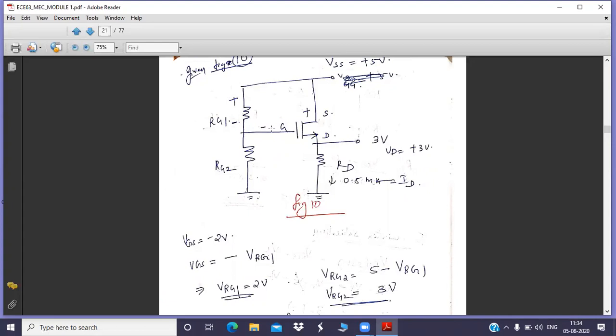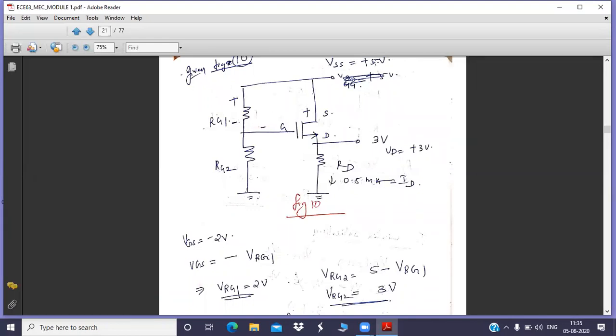Because that 2 volt is the same as VGS. Across gate and source you are having RG1, and the voltage across gate and source as of now is 2 volt. So that 2 volt is coming across RG1. Neglect this polarity.